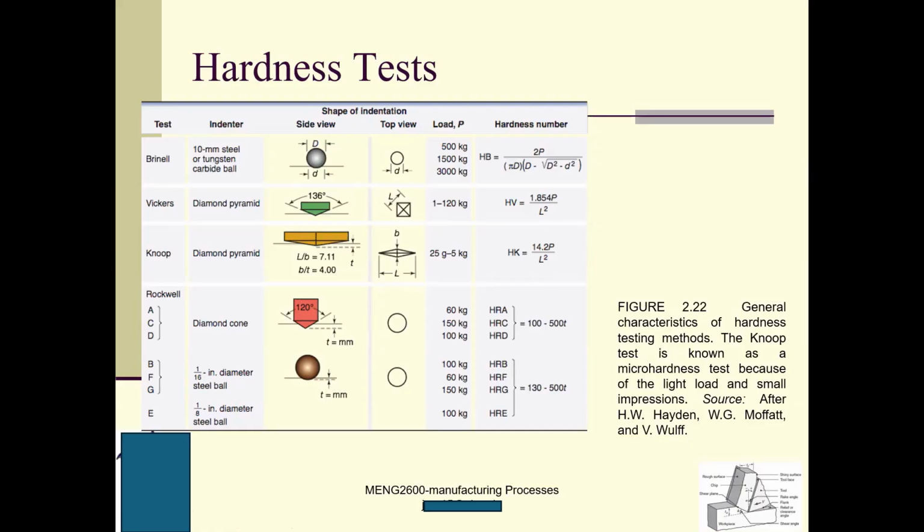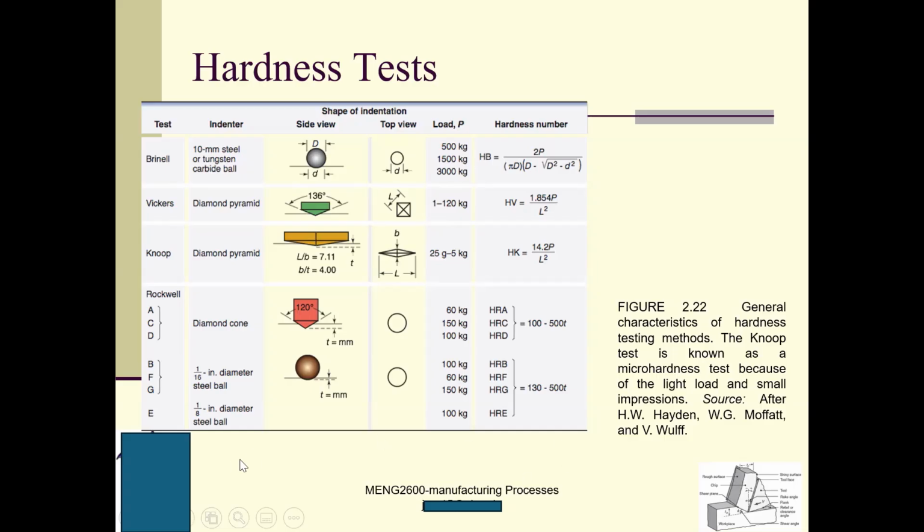H stands for hardness, R means Rockwell, C means the C scale. Because when I taught this lab, the hardness testing machine I used gave HRC.